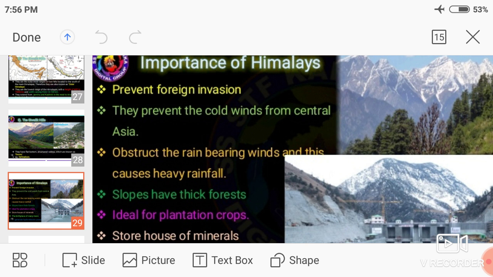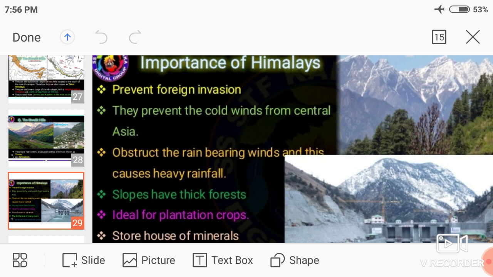First, they prevent foreign invasion. They act like natural frontiers, natural borders, and prevent foreign invasions. That is the most important role of the Himalayas. They also prevent the cold winds which flow from Central Asia.